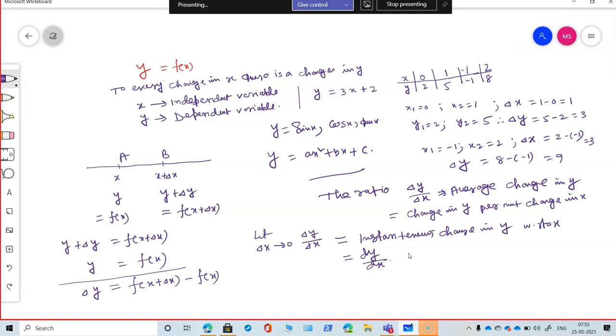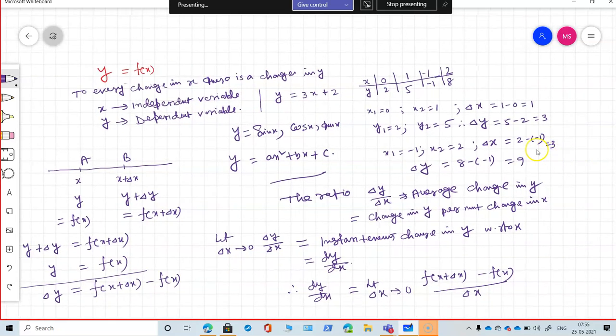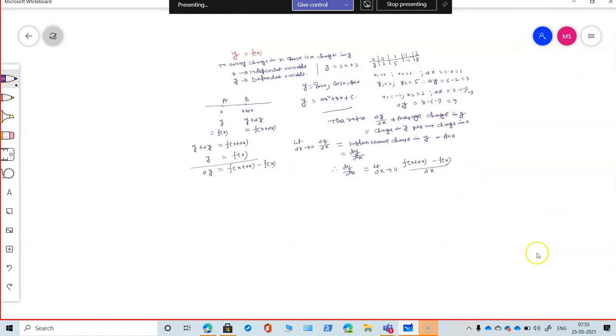So this thing dy by dx, we can write this manner also. Limit delta x tending to 0, f of x plus delta x minus f of x by delta x. Okay, so this is the formula which you are going to apply to find the derivative of a function.